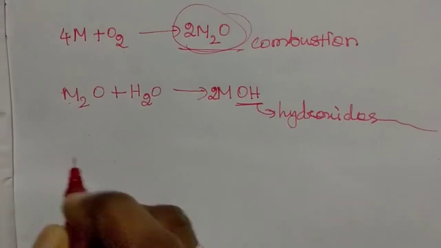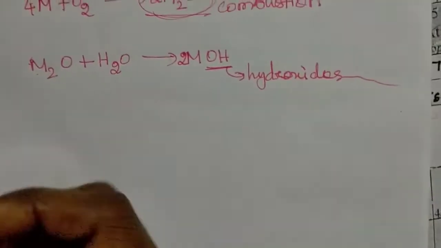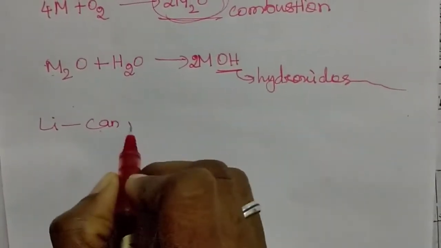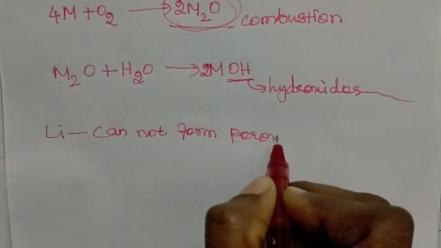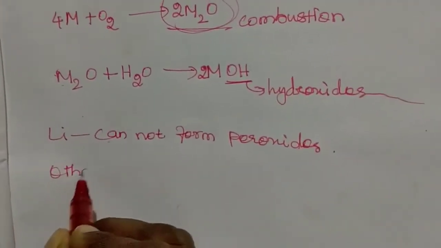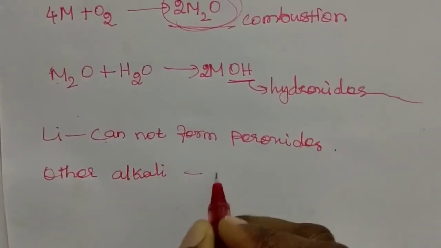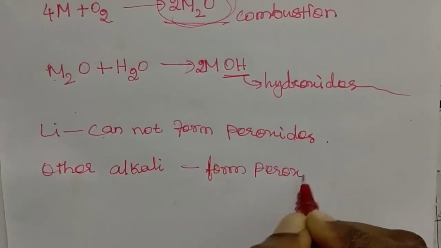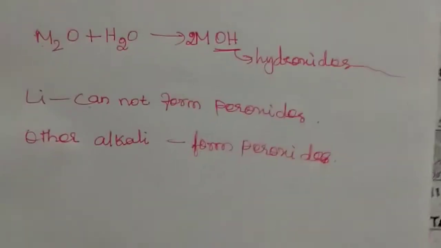In alkali metals, all other alkali metals can form peroxide except lithium. So lithium cannot form peroxides, but all the other metals can form peroxides.